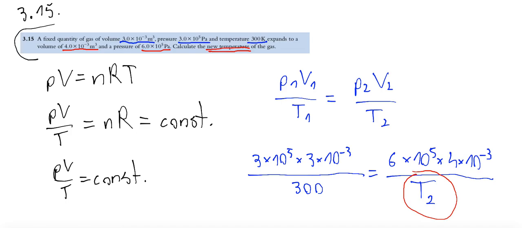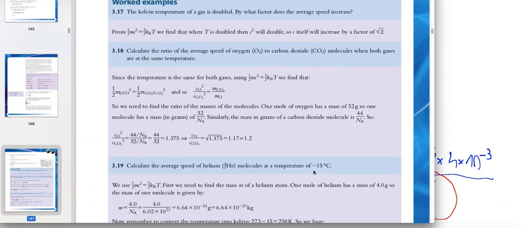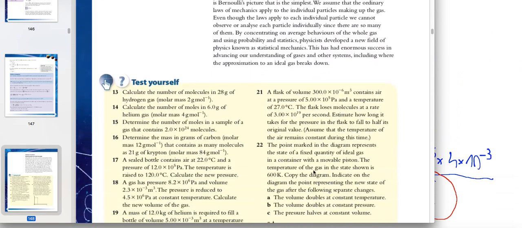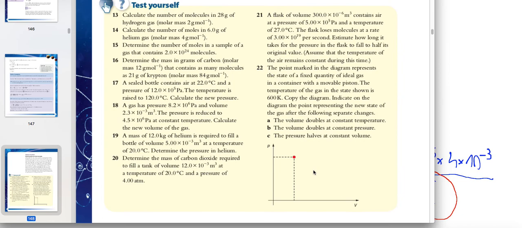And now let's do one more exercise. Open your Tsakos on page number 140, and try to do with me exercise number 17.